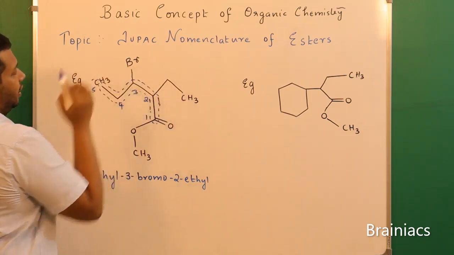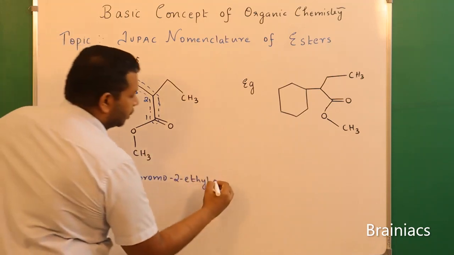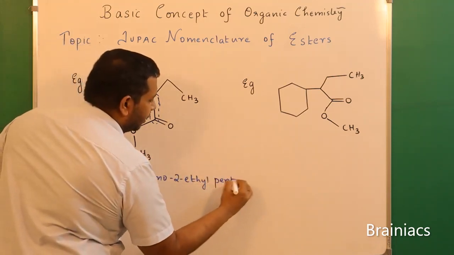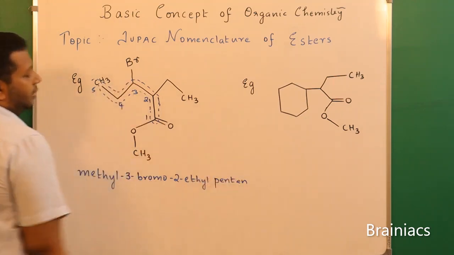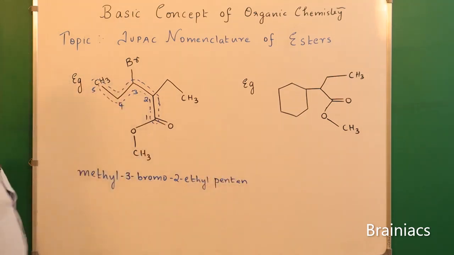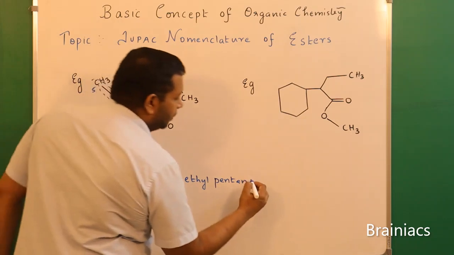How many carbons are there? 5 carbons are there, so I use the word root pentane. All are connected as single bonds, so I use the term pentane. And we know the suffix used, it's an ester, so the suffix used will be OATE.